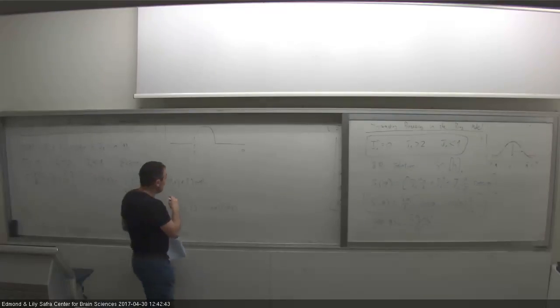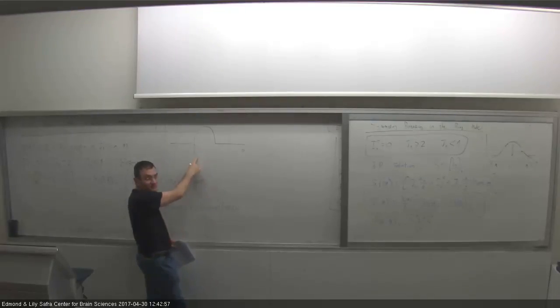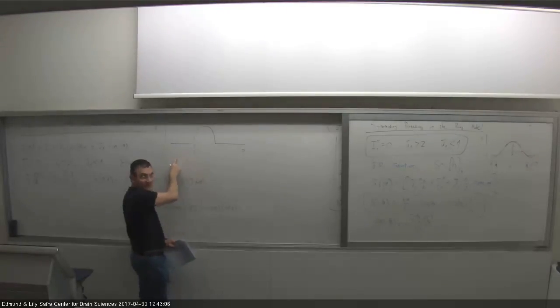Now, let's consider the ones that have a larger angle. For these, sine of theta minus theta prime is negative. So these neurons will contribute a negative net input to this neuron, whereas these neurons on the left-hand side will contribute a positive net input, because this term is positive.